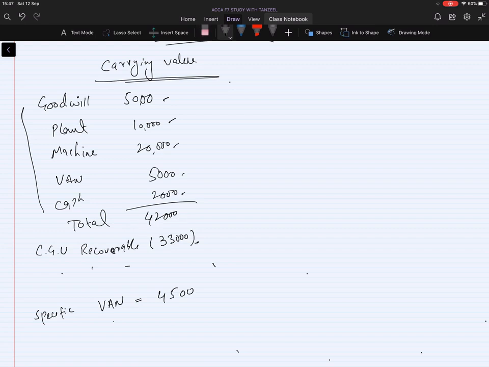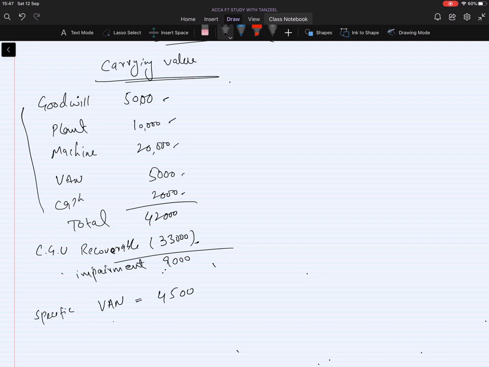I'm just assuming this question, and suppose we have a CGU recoverable amount of 33,000. The maximum we can get is 33,000. It means 9,000 is impaired. Impairment is 9,000.